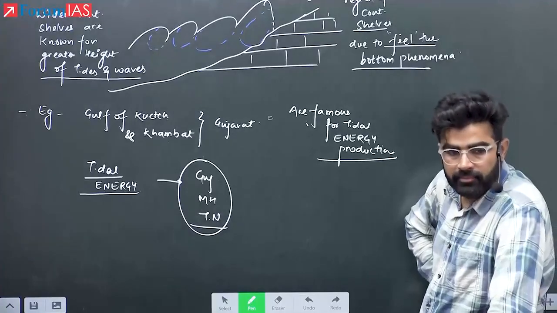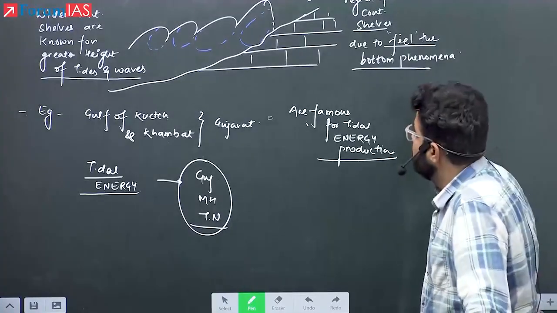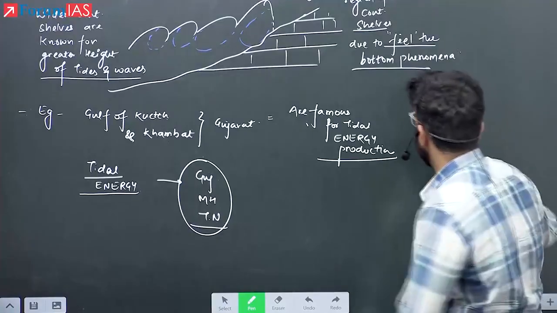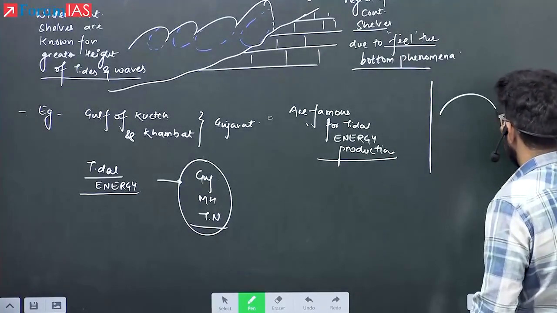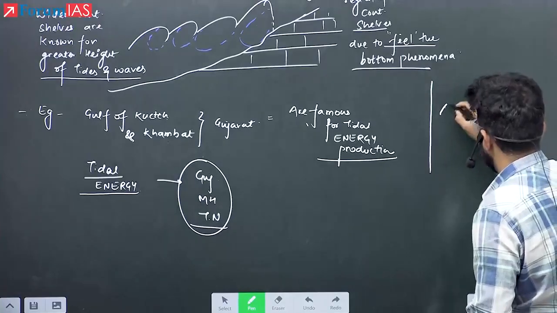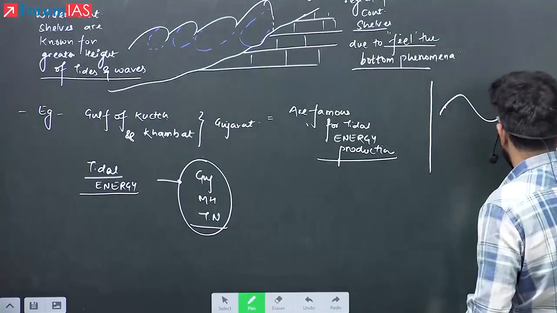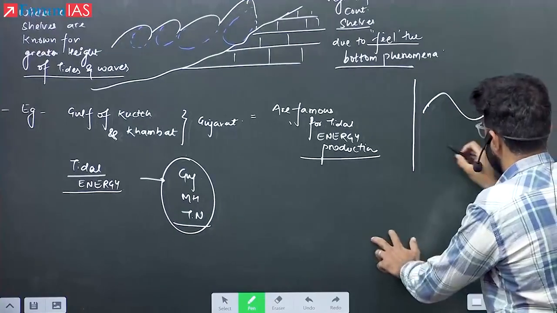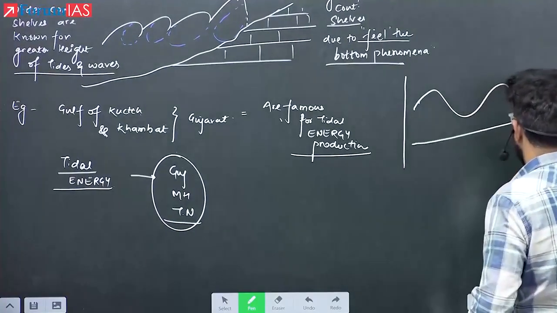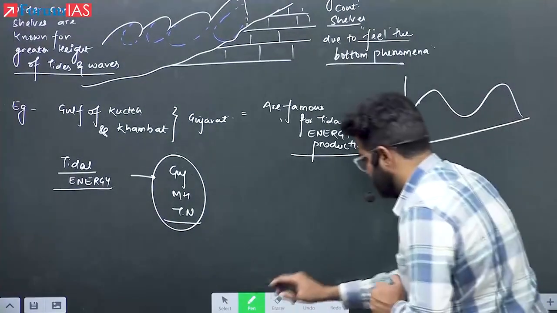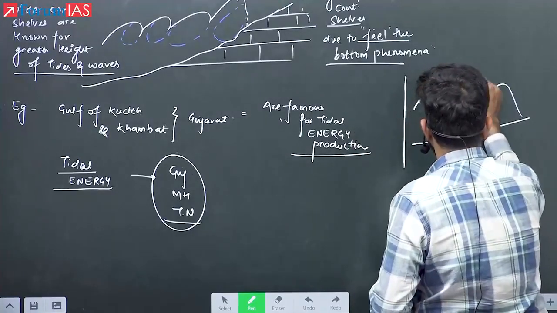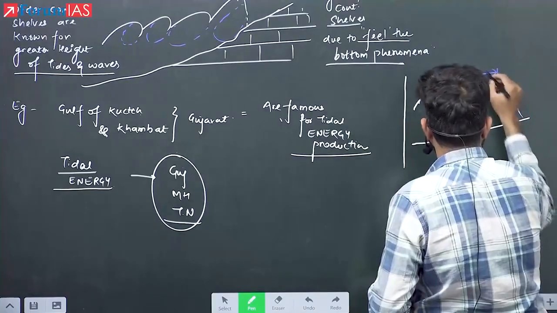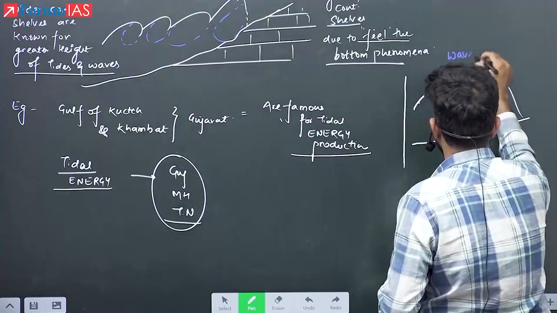Then, if you want to make one more diagram on the side, you can make it in this way also. Wavelength it is.